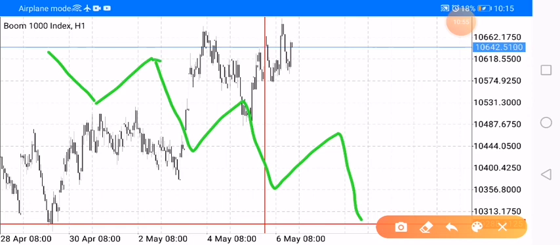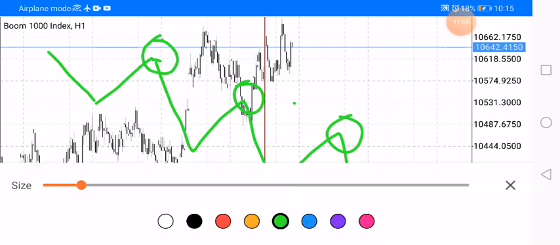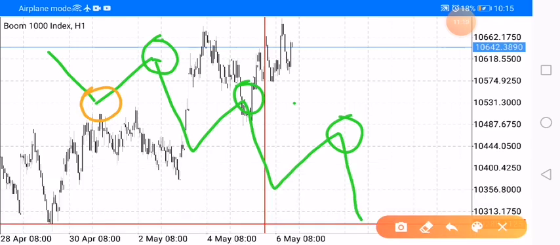Okay, so this point, this point, this point, A. Let me use another font so that it's easier for you to see, guys. So these are lows, and these are highs. These are still highs, but this is the downward movement of price.